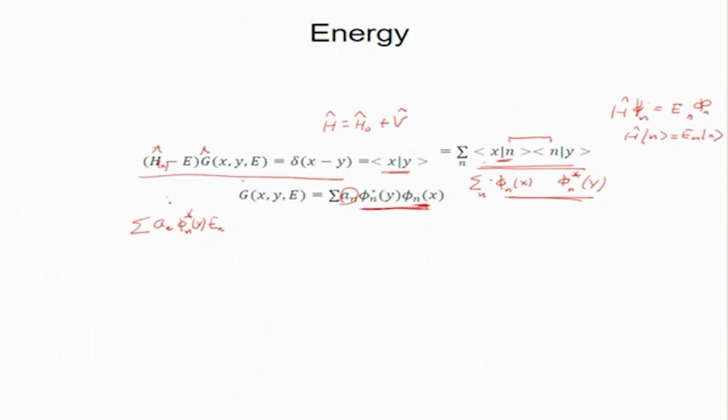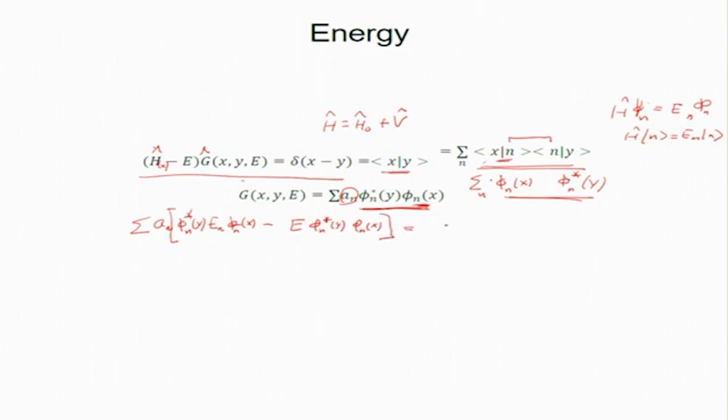So, this is the first term, and phi n x will also come. The second term: E is a number, so it does nothing. A n I will keep outside, with phi n star y, phi n x.